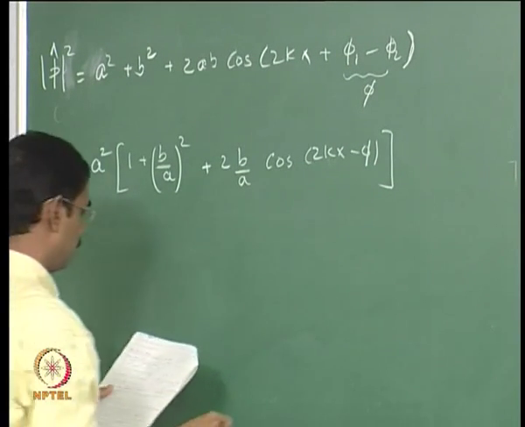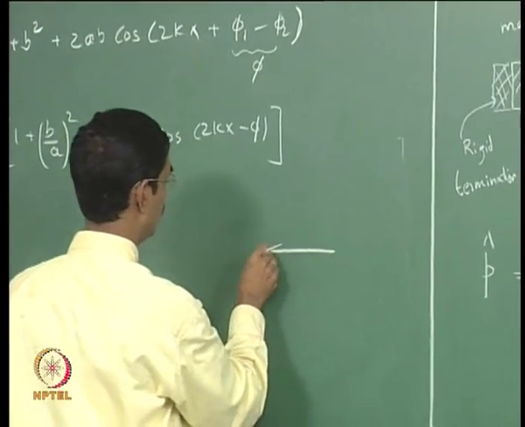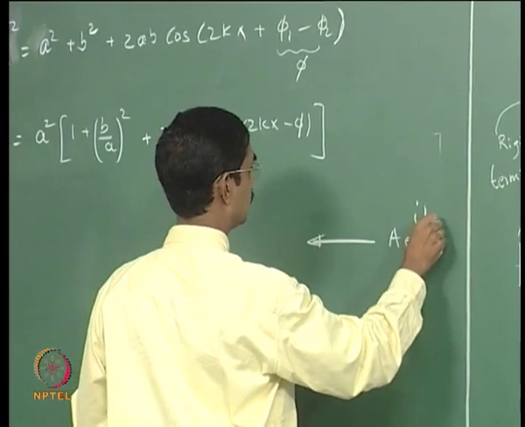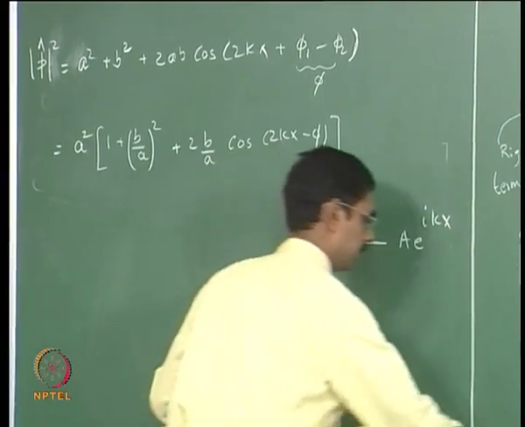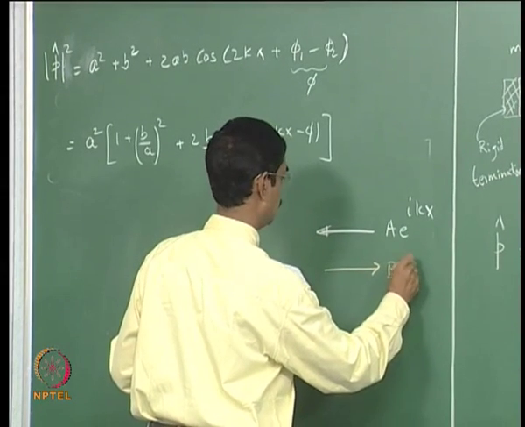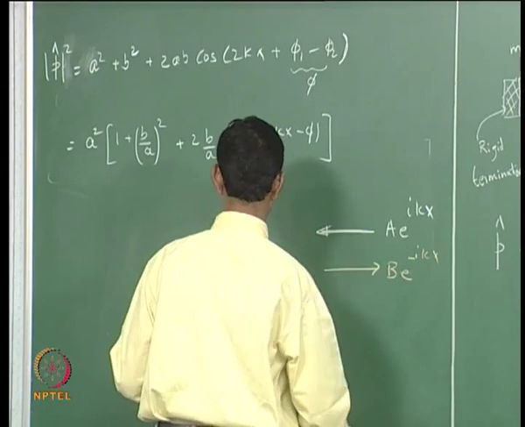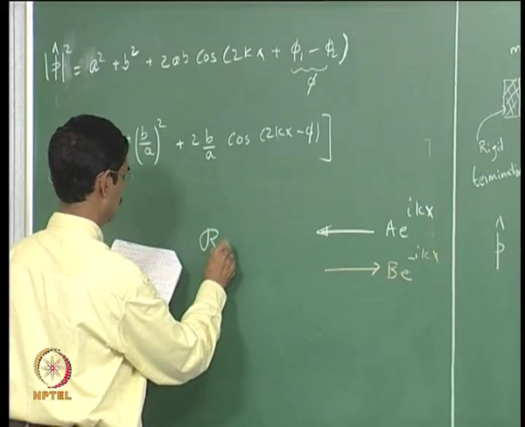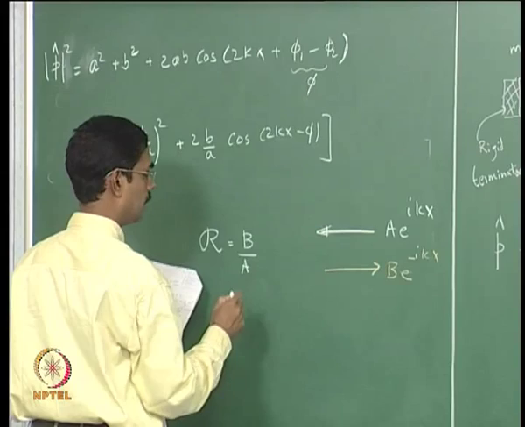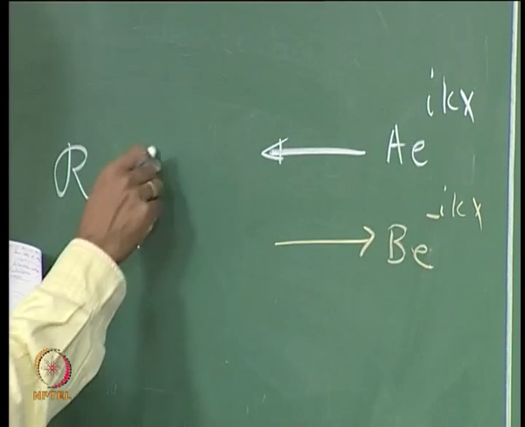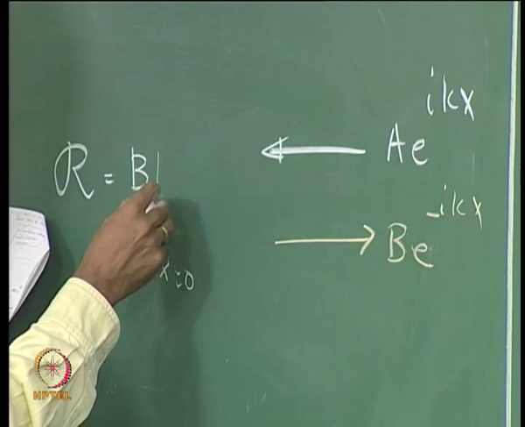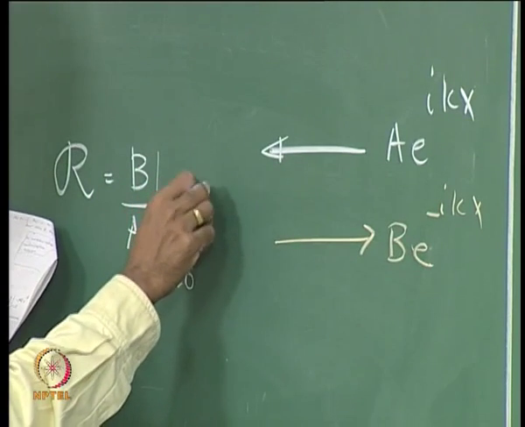If you think of a wave A e power i kx going this way, and another wave B e power minus i kx, we can think of a reflection coefficient r, which is B over A. Let us say this is at x equal to 0, that is where we are determining the impedance or the admittance.